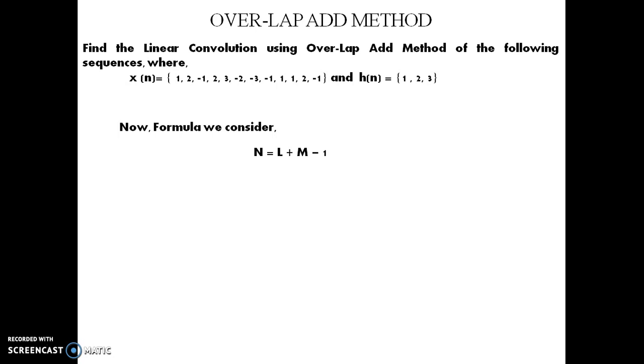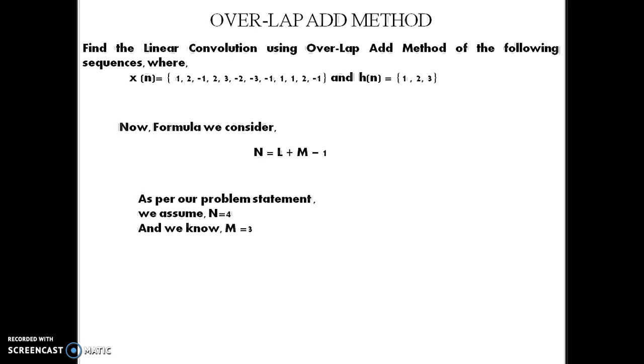You already know M is the length of the impulse response, that is the length of h[n], which we consider as 3, and we assume N equals 4, and finally, similar to the previous overlap save method, L equals 2.